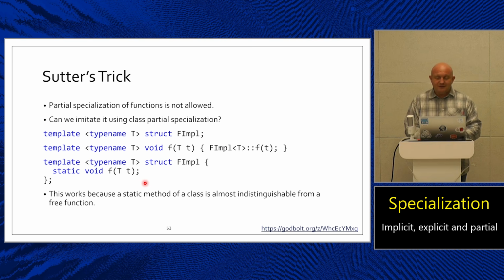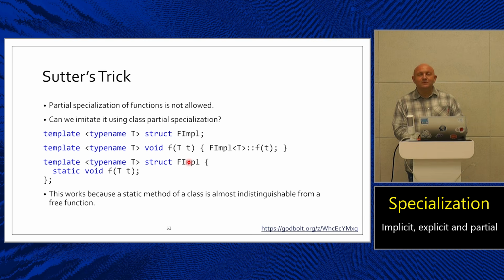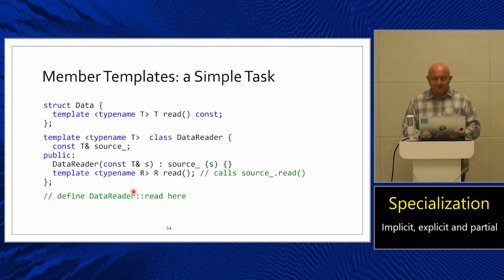The beauty is that now we can partially specialize this class for any pattern we want, like for all pointers, and this effectively gives us partial specialization of this function because it delegates to a partially specialized static member function. The main technical difference is that a static method doesn't do template argument deduction for its class. But that doesn't matter for this trick.